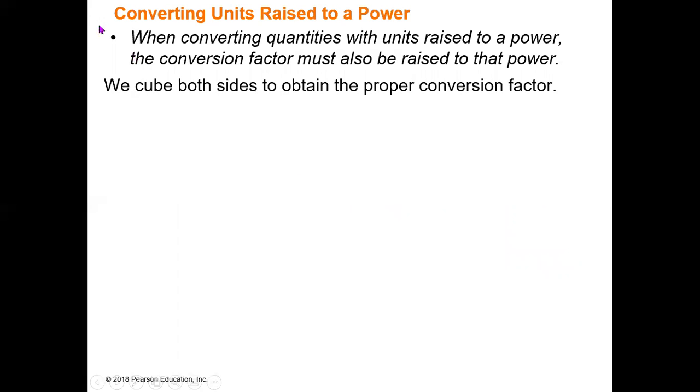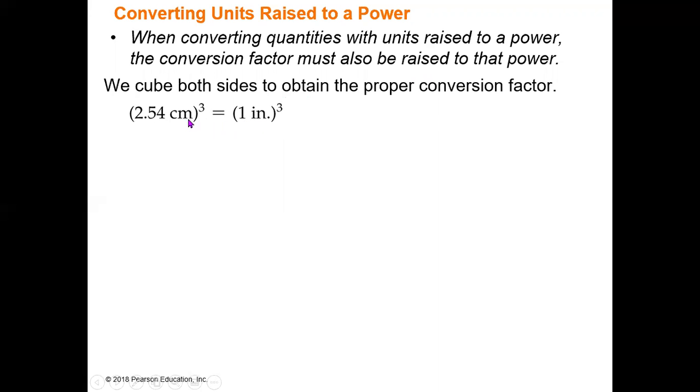So sometimes you convert a unit raised to a power, like cubic meter, cubic centimeter, or square feet. When converting a quantity with a unit raised to a power, the conversion factor must also be raised to that power. We cube both sides to obtain the proper conversion fraction. That's one example. So we know 1 inch is 2.54 centimeter.